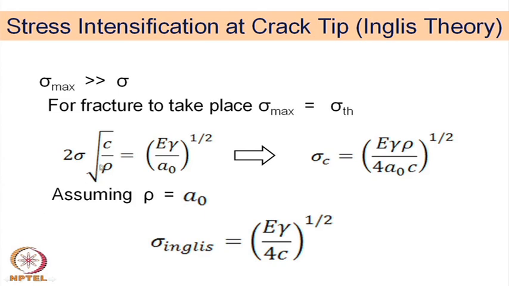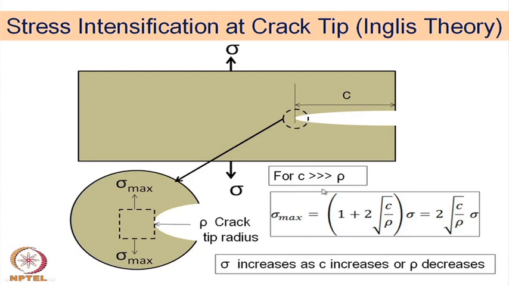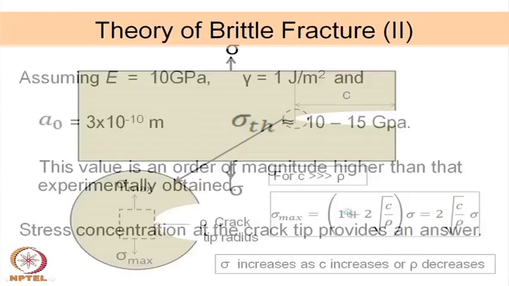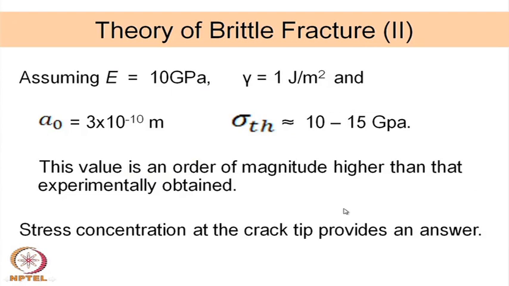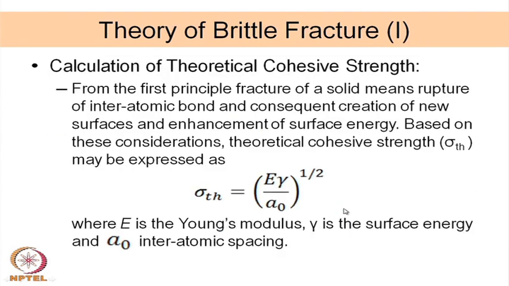Now, we have seen this equation earlier. This is the theoretical value and this is what we have calculated as sigma max. Earlier we have seen the theoretical value, the theoretical expression is like this, right.